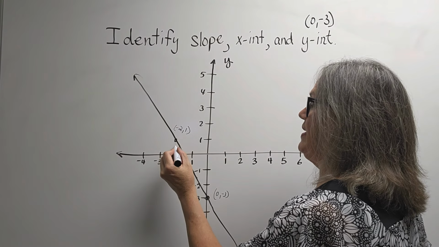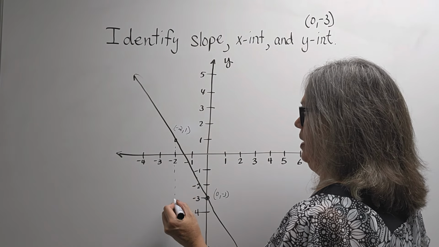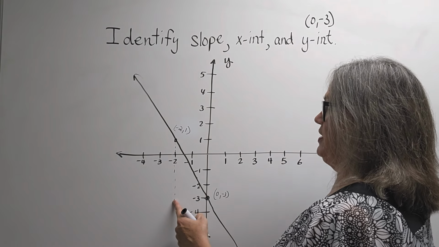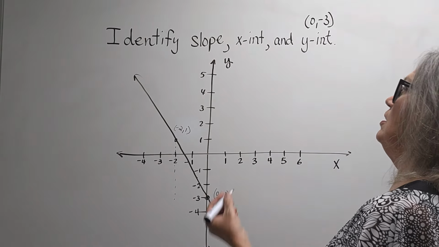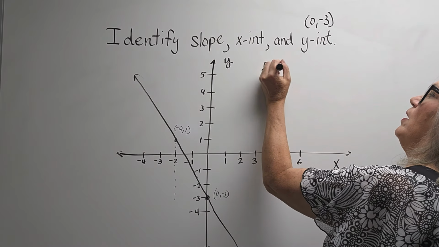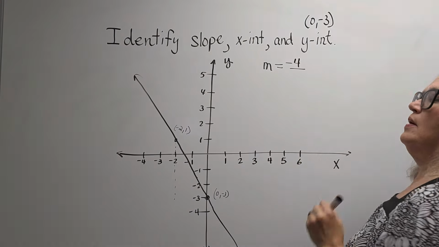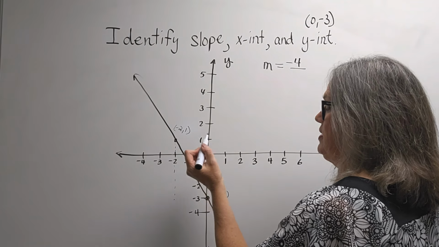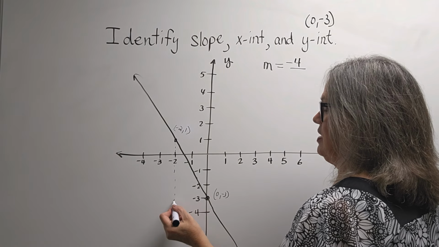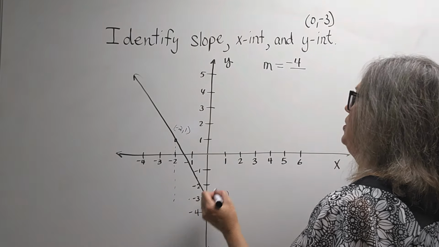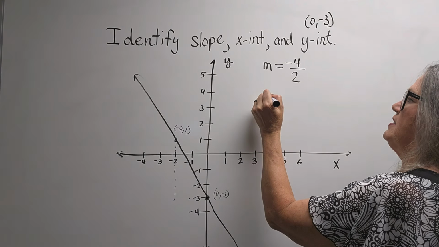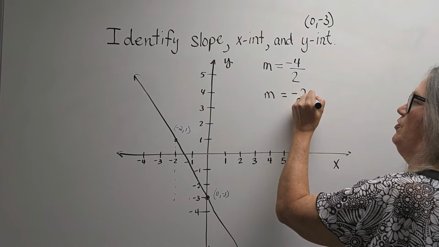Notice that we're going to go down 1, 2, 3, 4 units. So the fall is -4. And then the run, if we move from this point to this point, is 1, 2. So I have -4 over 2, so my slope is -2.